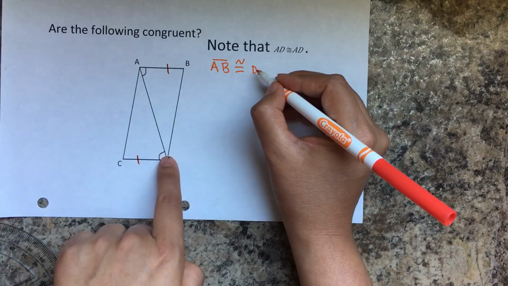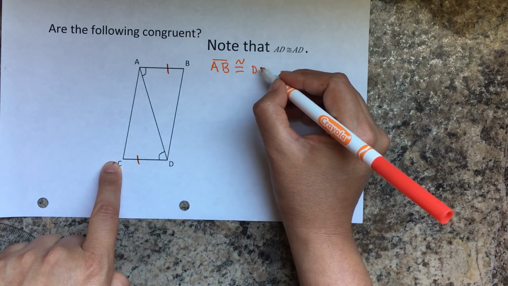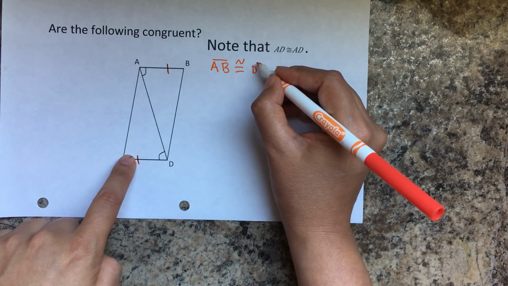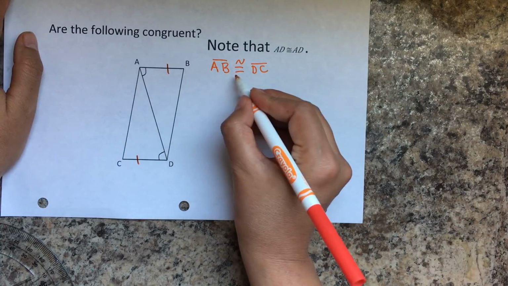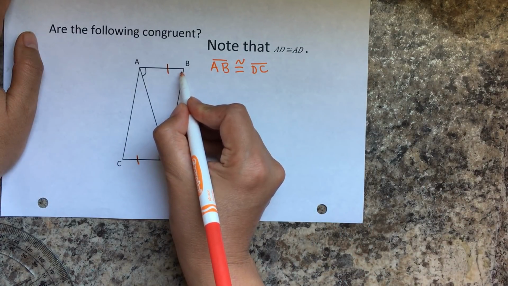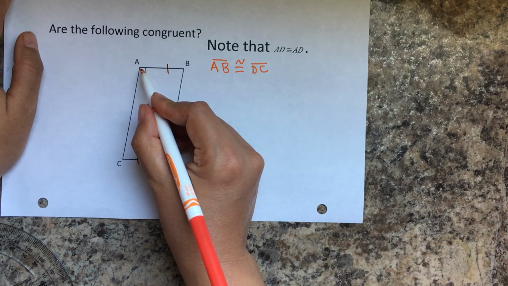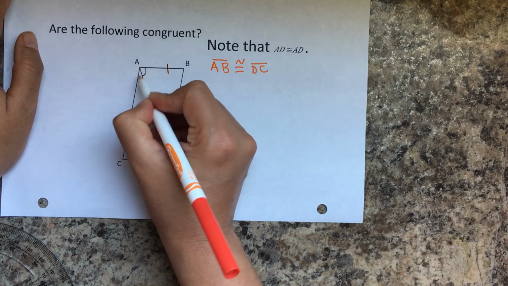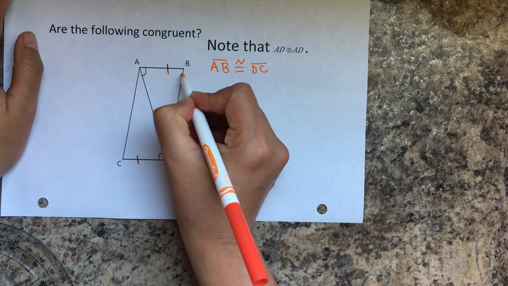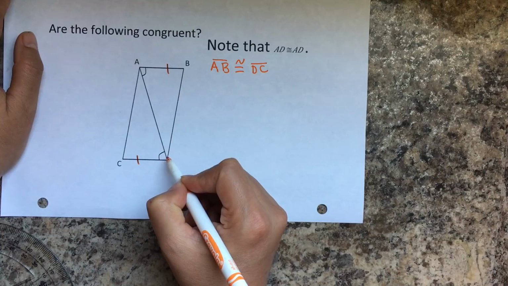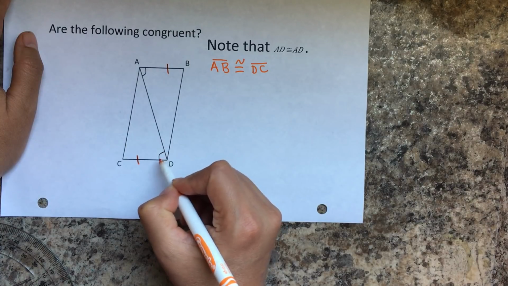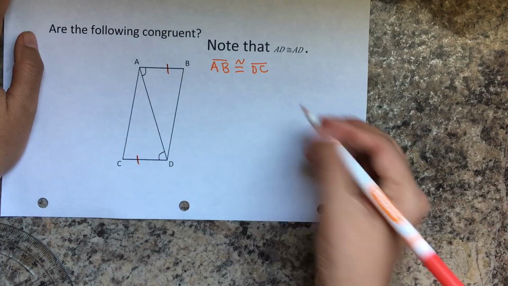Then I start with the ones with markings here and go towards the lonely, no markings in here. So AB, oh, I'm sorry, A with all that to B, and then D with all that to C with nothing.